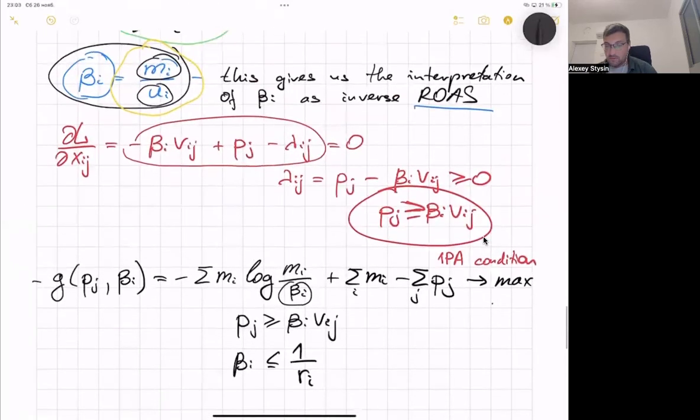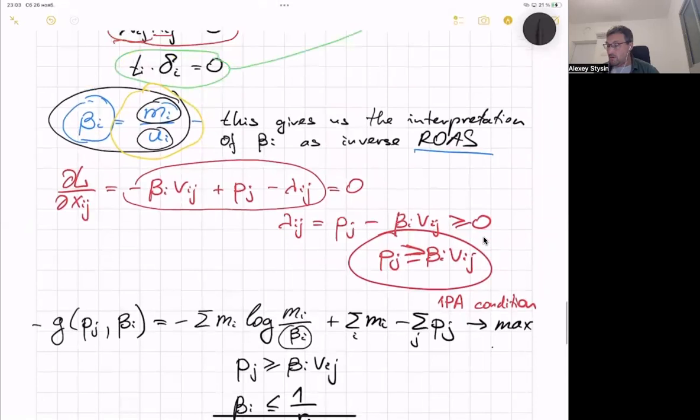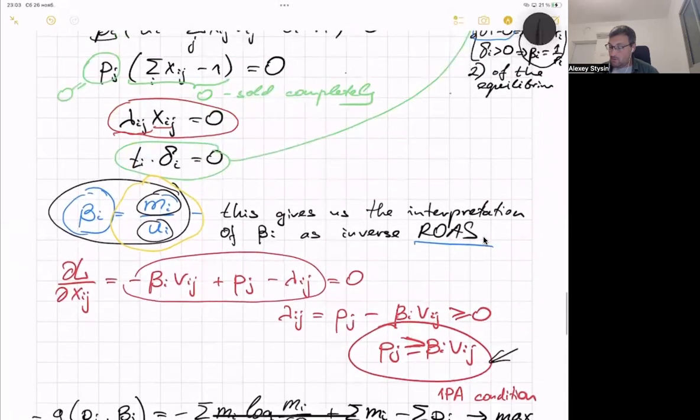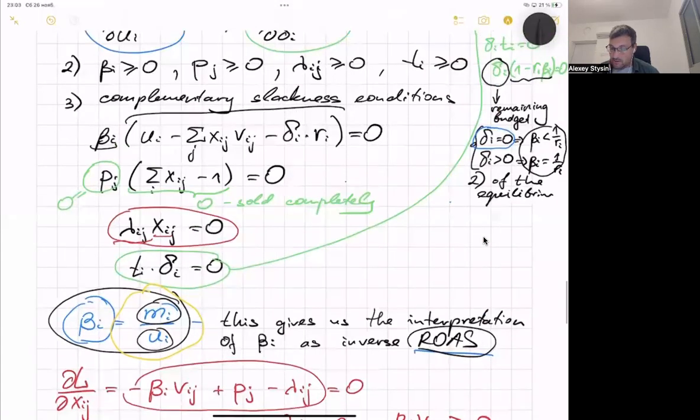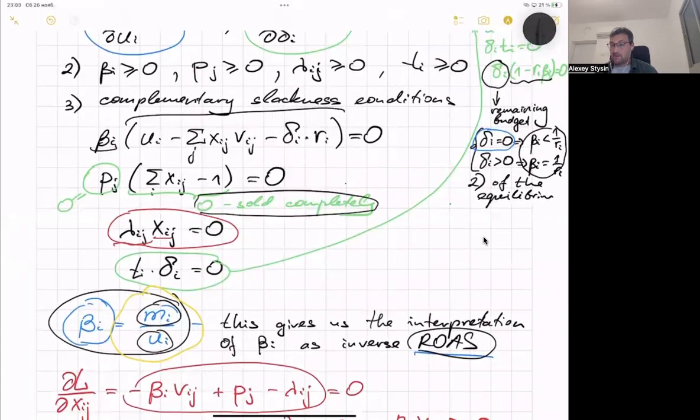So we have everything that we wanted, or almost everything. We have this first price auction condition. We have this interpretation of beta i as the rates. We have this condition for no overselling and market clearing, and we have this thing for no unnecessary pacing.